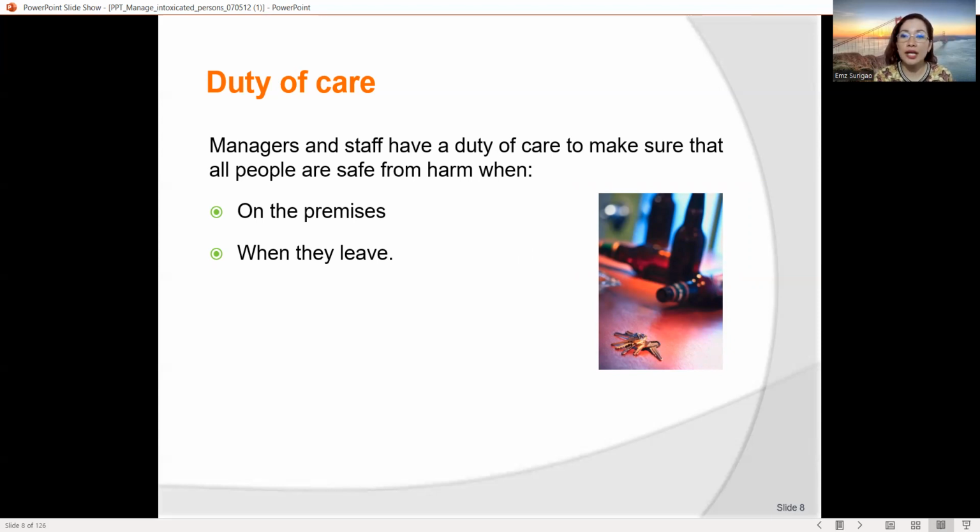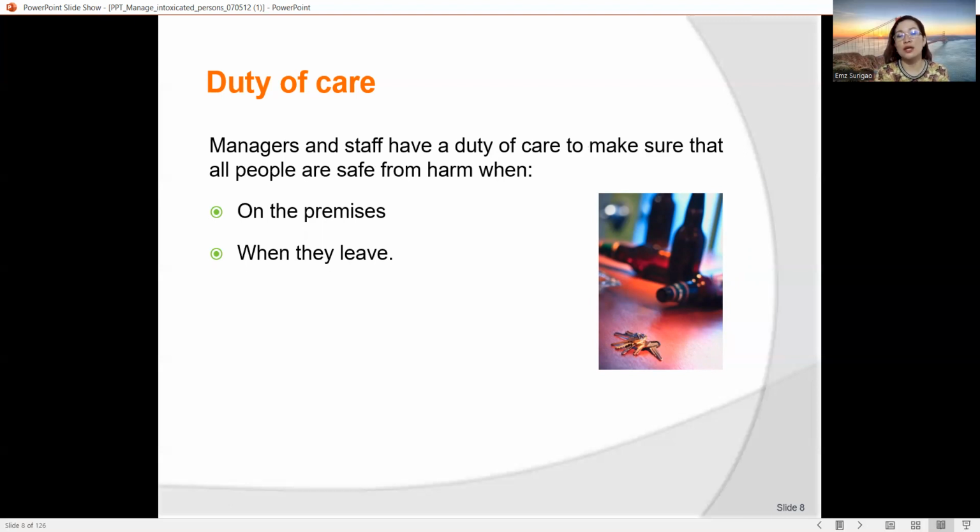When guests arrive at the premises of your restaurant or bar, you need to think that you're accountable for them: what to serve, and when they leave, are they able to drive or go home by themselves?